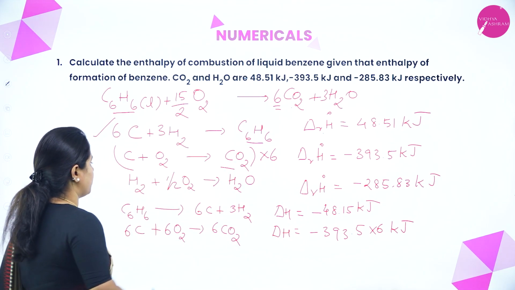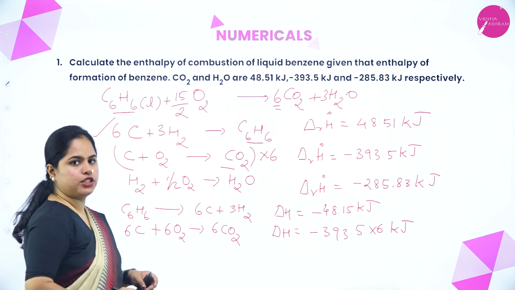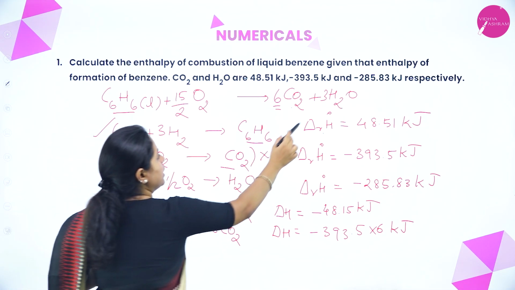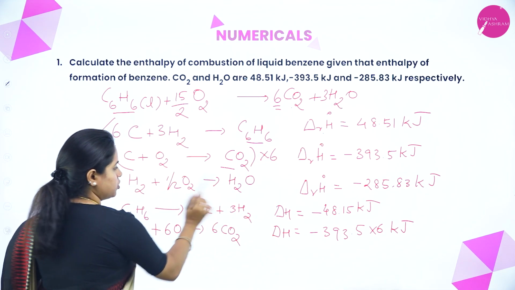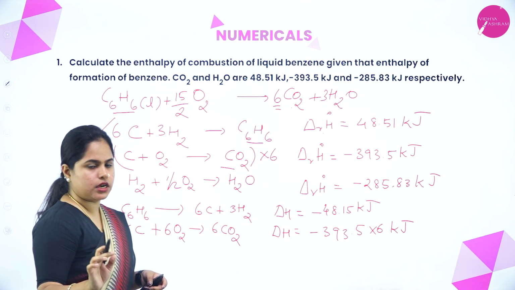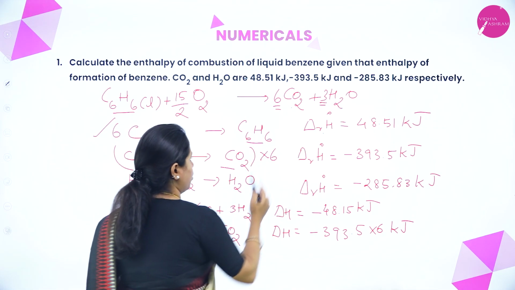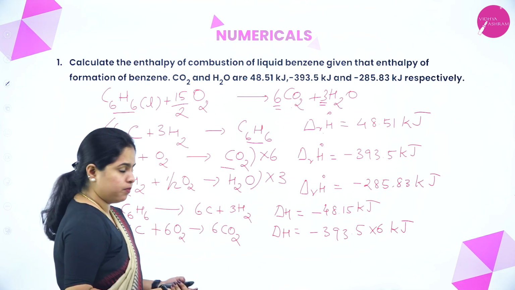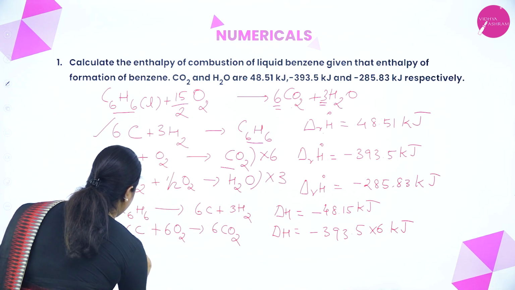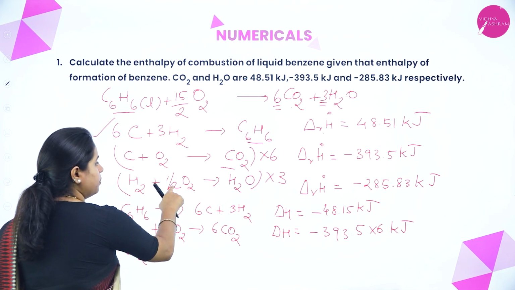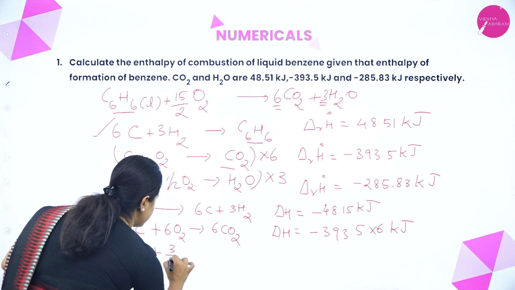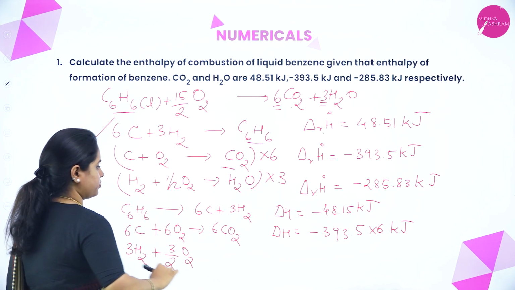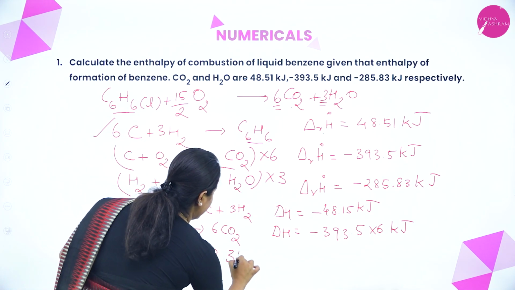Now moving on to the next one, H2 plus half O2 giving H2O. As you can see here, it is in the product side, and here also it is in the product side. So you need not reverse the reaction, but you can see there are 3 moles. So I multiply this particular reaction by 3. So the reaction becomes 3H2, and since it is 1 by 2 into 3, it becomes 3 by 2 O2 and it gives 3H2O.